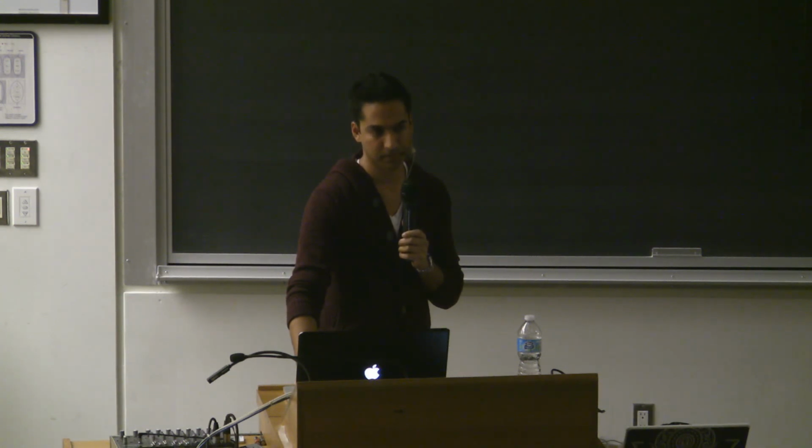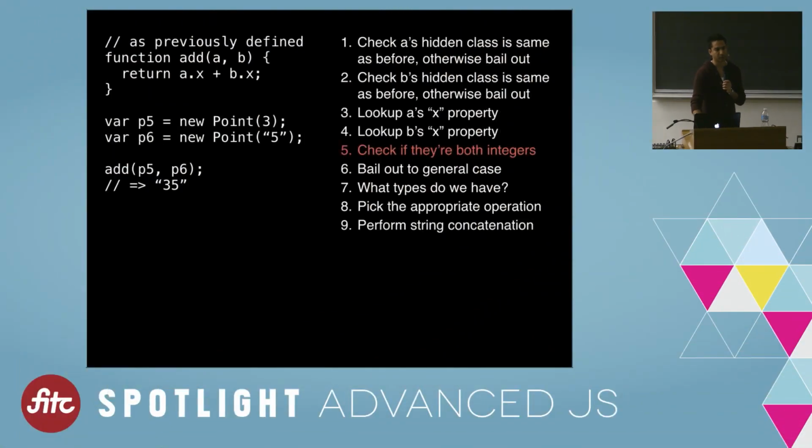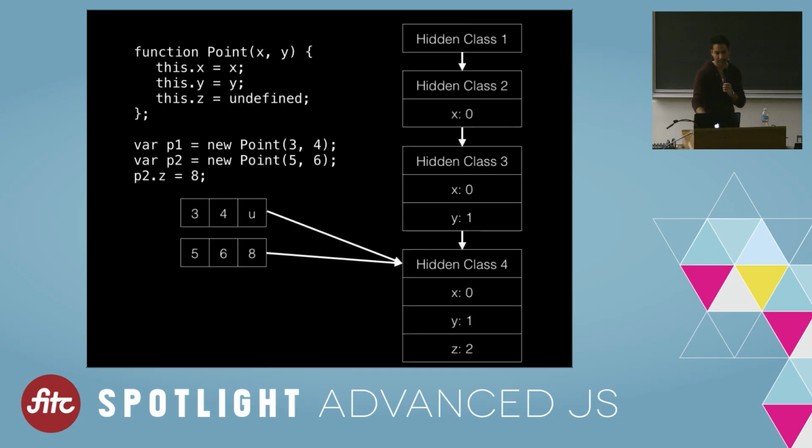This one? The one with the bailout or the one without the bailout? Check if A is hidden class. So in this case, A is a point object. So going back to hidden classes here, A has an X property, a Y property and a Z property defined on the hidden class.